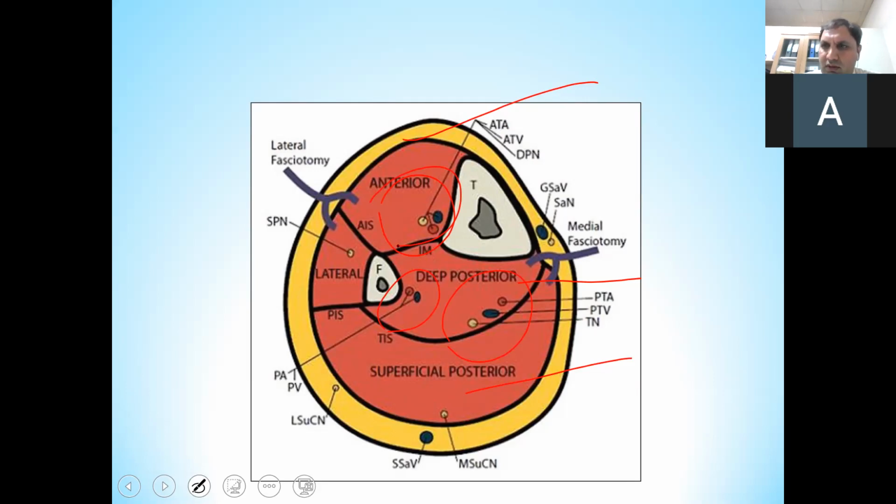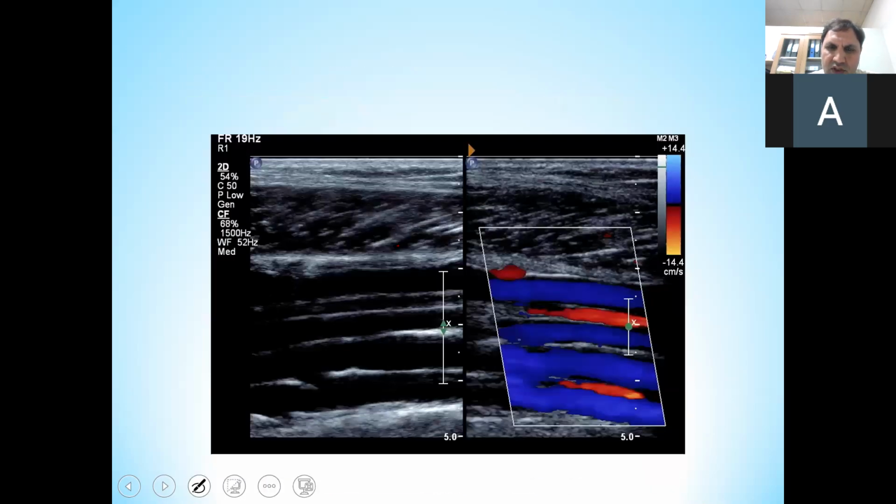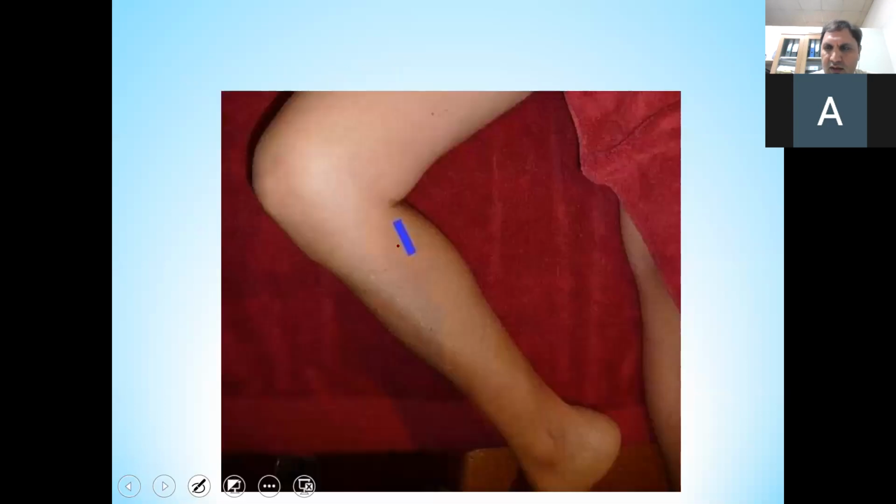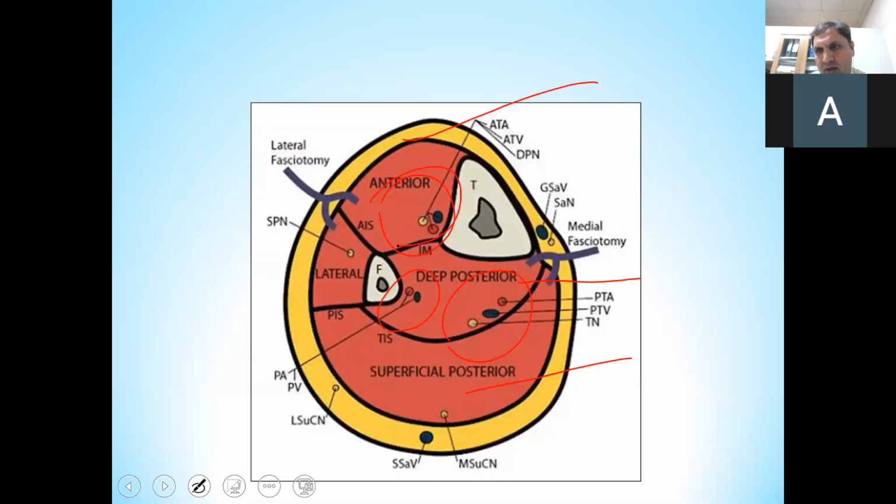So for the evaluation of the anterior tibial artery, you will have to place the leg in sagittal position while the knee joint is flexed at about 35 degrees, and you should place your transducer between the tibia and the fibula on the anterior side in short axis view.